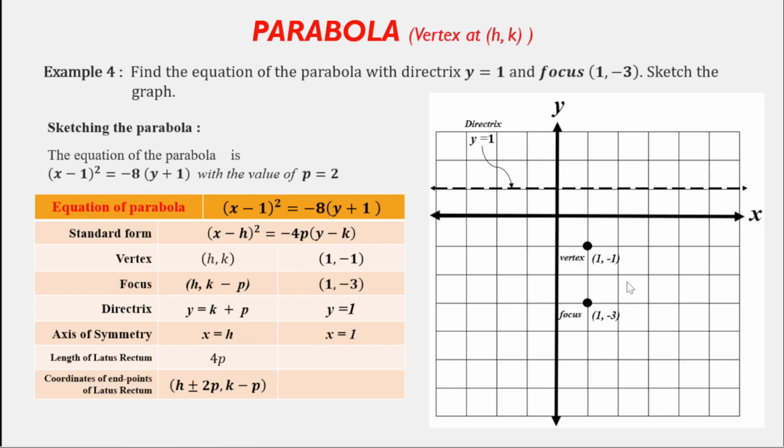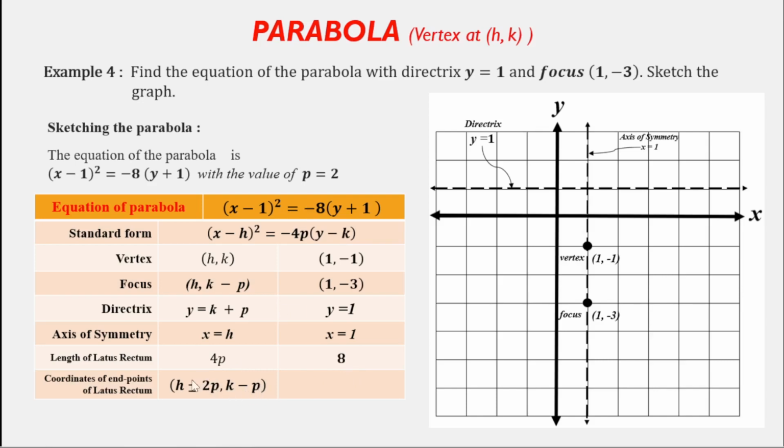It means that it is a vertical line that passes through x at 1. The length of the latus rectum is 4 times the value of p, where p is equal to 2, so the length of the latus rectum is 8. What are the coordinates of the endpoints of the latus rectum?